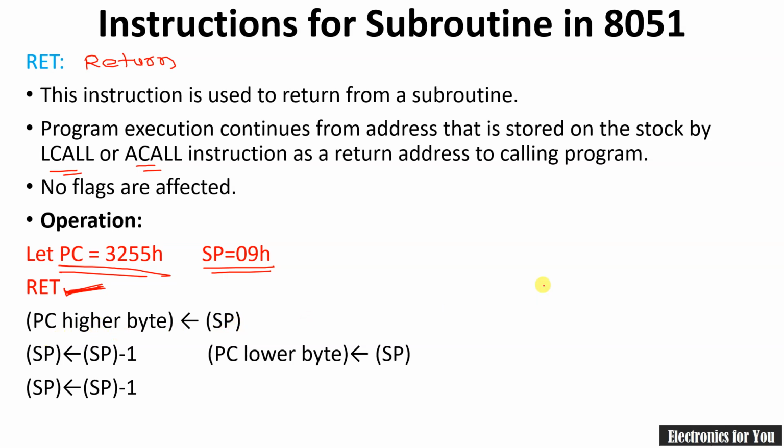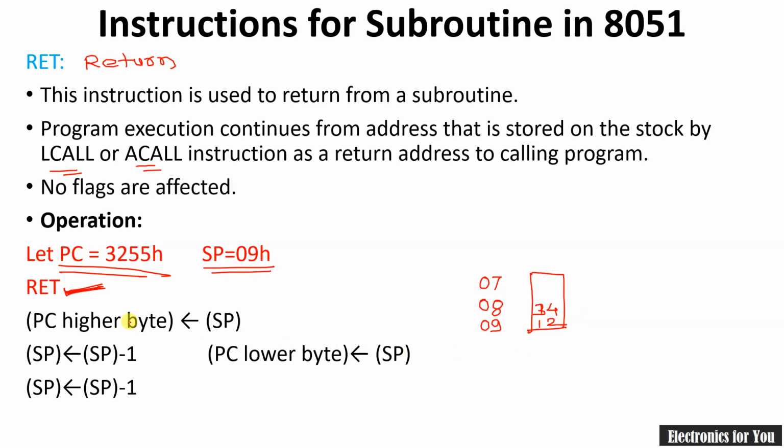I will take the same previous example. We were having 07H, 08H and 09H. Now here the stack pointer was increased to 08H and 1234H was actually there. So 34 was the lower byte, and 12 is the higher byte.